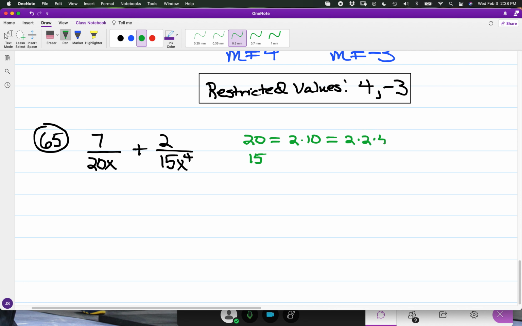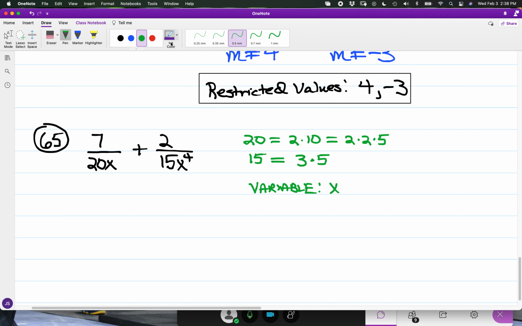So 20 factors out to 2 from the first 2, then the next 2 from 10, and times 5. And 15 factors out to 3 times 5. And we have the variable factor, x.